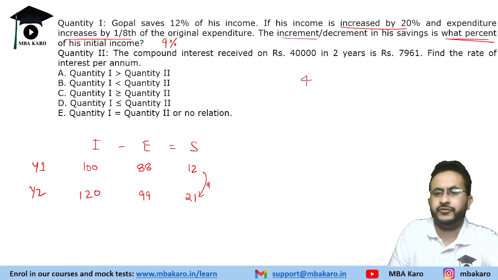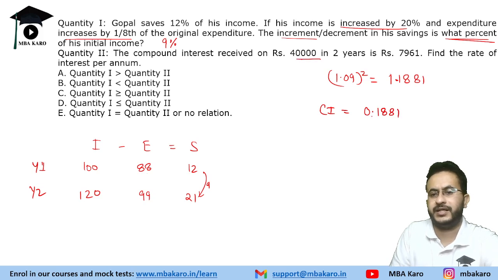Okay. So if you see compound interest of 9%, basically the square of 1.09, 1.09 squared is 1.1881. Okay, so if you have to find the amount, you need to multiply by this. If you have to find compound interest, you need to multiply by 0.1881 into 40,000.